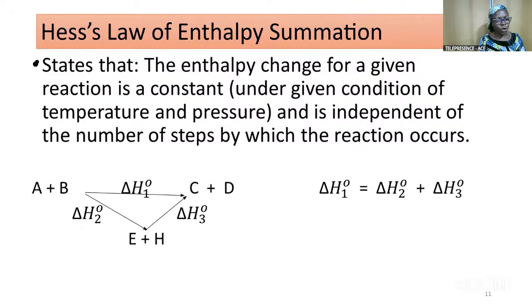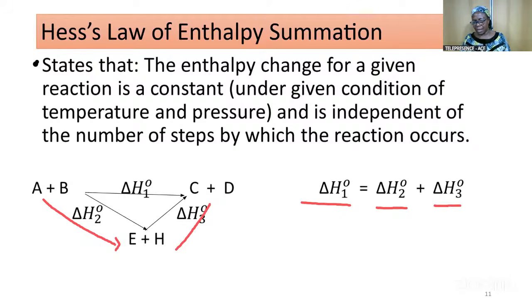So if you first of all go from A and B to form E and H, that may seem like a longer route because we will now go from E and H to form C plus D. But the total enthalpy change as we move through the two steps will be the same as the enthalpy change going through one step. So it means that delta H1 is going to be equal to delta H2 plus delta H3.